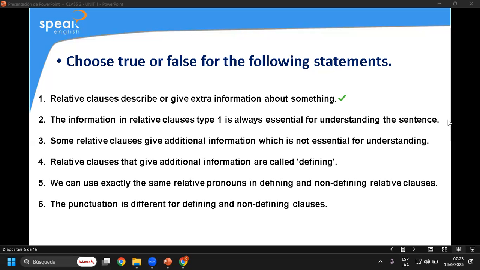Remember, guys, in the type number 1, the information is totally necessary. We cannot omit it. Okay. Do I need commas in the relative clauses type 1? No, we don't need them. Excellent. Okay. Number 3, volunteer for reading.